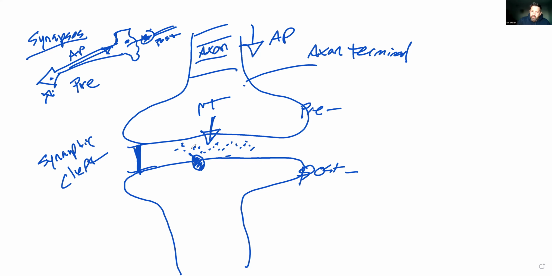The neurotransmitter will hit the receptor and open up the channel.